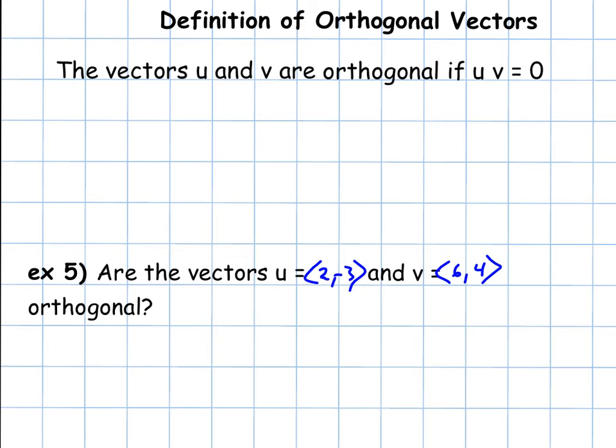All right, new term here. You've probably noticed a vector sometimes has its own terminology. Like a constant number we call a scalar. So for orthogonal, think 90 degrees.